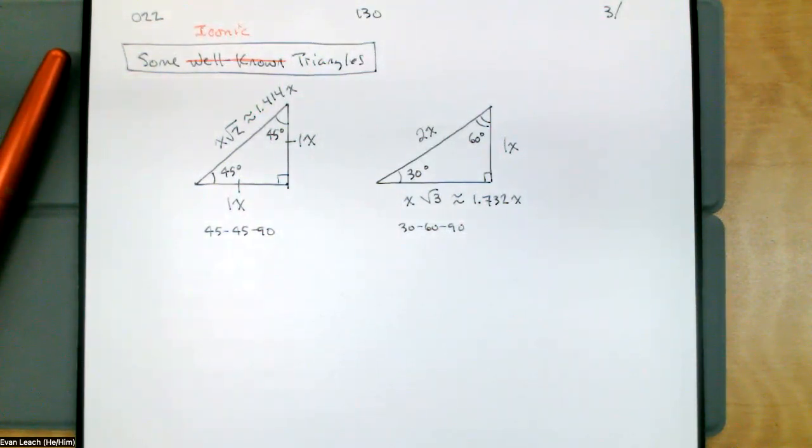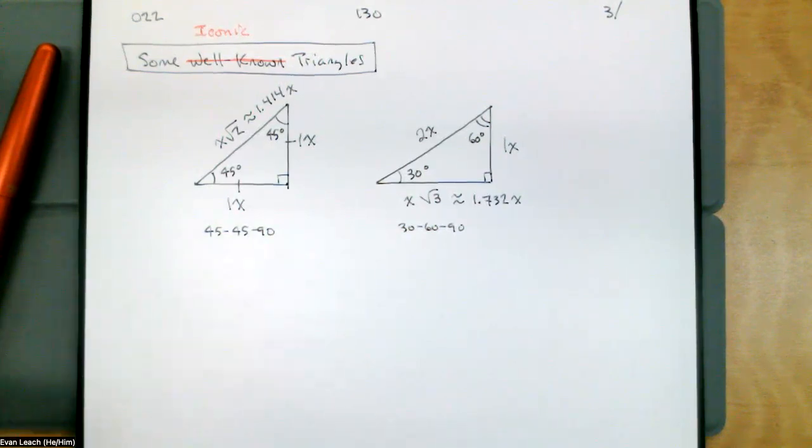So here's the list of stuff that we want to know. We want to be able to recognize the sine, cosine, and tangent of a 30, 45, or 60 degree angle. Now, this is your times table for trigonometry. This is just stuff that you get to know now because you're in trig.